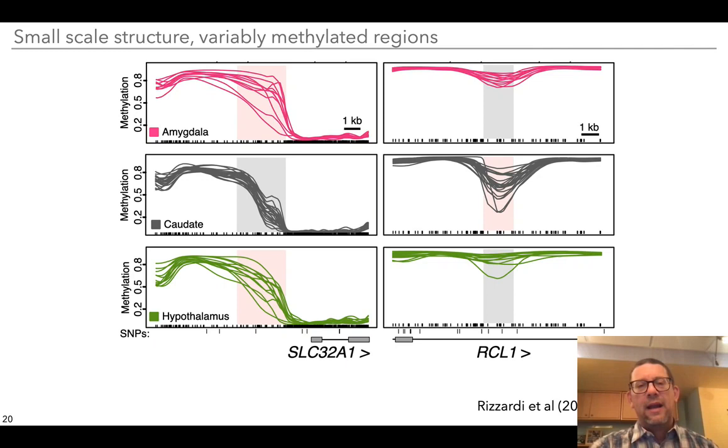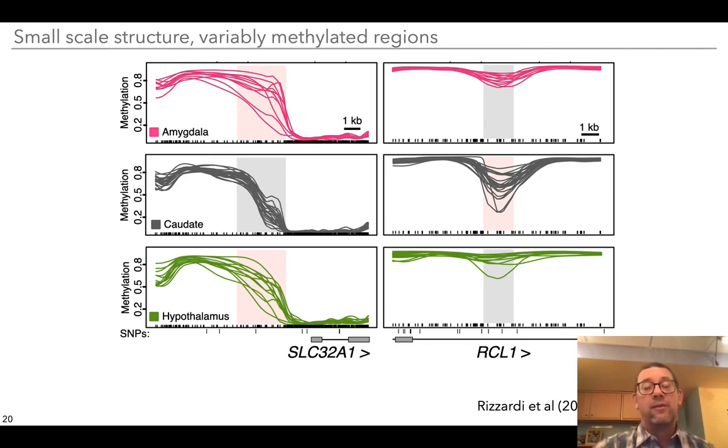A final thing that occurs that is perhaps not appreciated so much is something I would call variably methylated regions. Different people use this term in different ways, but I intend for it to mean a high degree of variation between replicates.